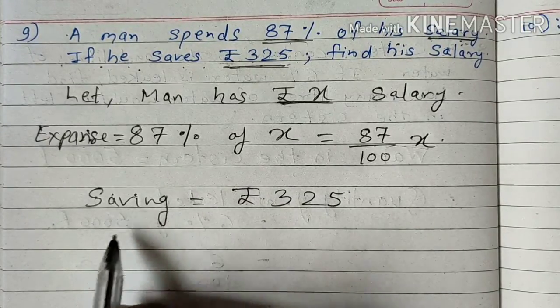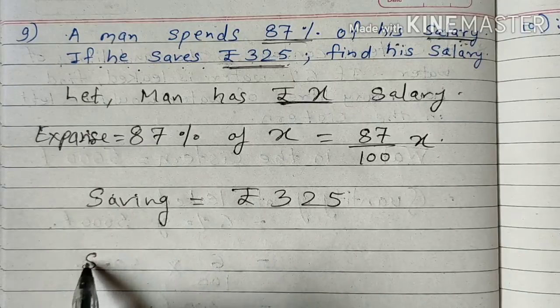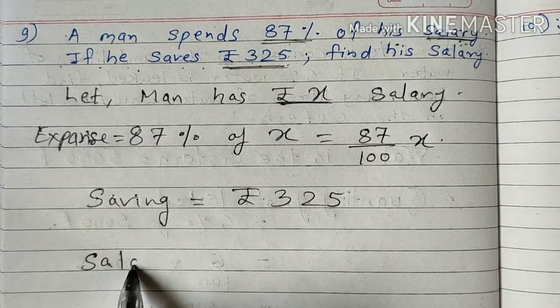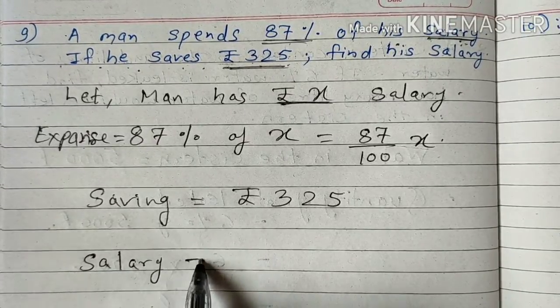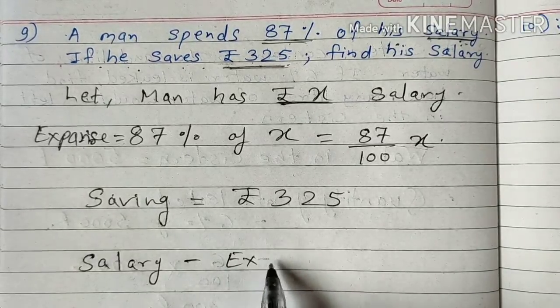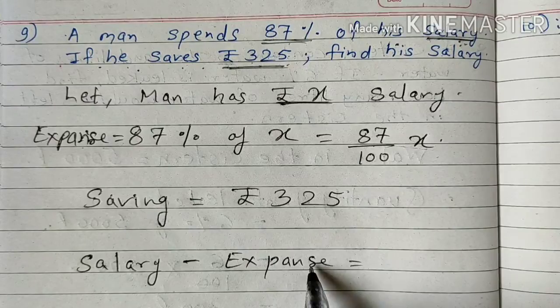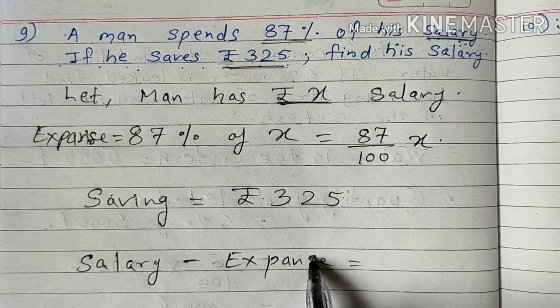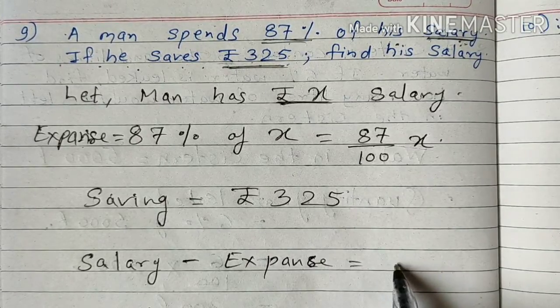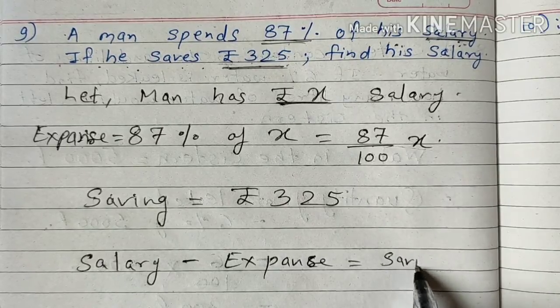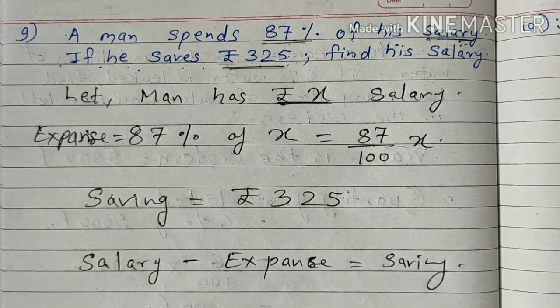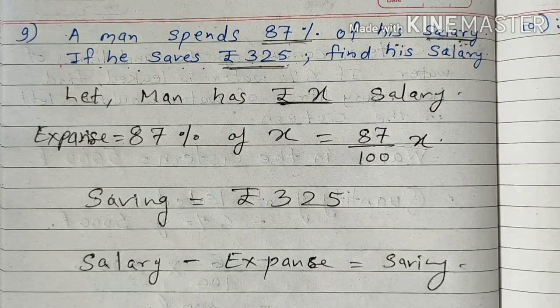Whatever salary he has minus expenses, then only he is getting the saving. Okay, understood this concept?